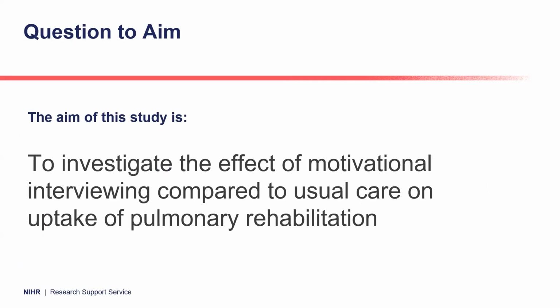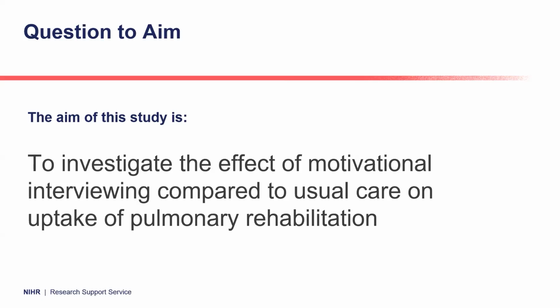So thinking about an aim. An aim essentially uses exactly the same components that you would use in a PICO, but it's just not phrased as a question. I don't think you really need to include both an aim and a research question. I think you can choose whichever you prefer. Most funders, I don't think, mind either.